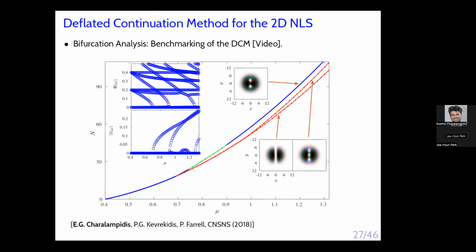You have a real eigenfrequency, a pair actually, that crosses the origin and gives birth to an unstable mode. So what happens at this bifurcation point is that the parent branch, which was this state, was stable, it became unstable, and its stability nature was inherited by this vortex line. Later on, another zero crossing is happening somewhere here.